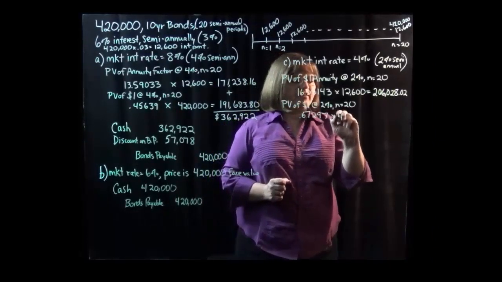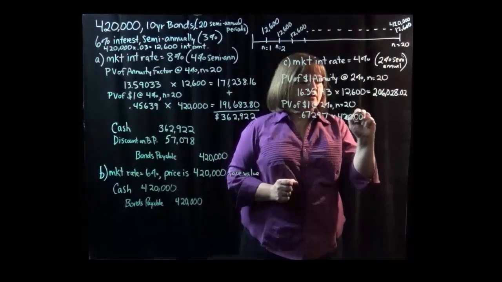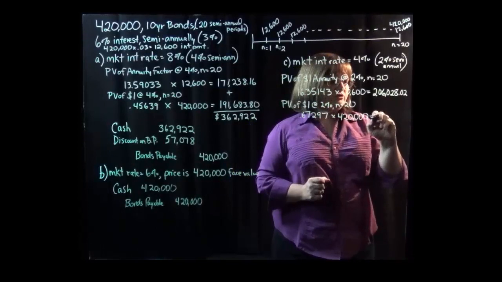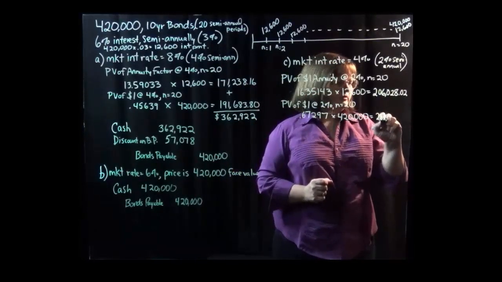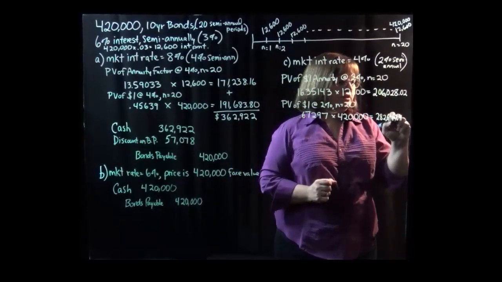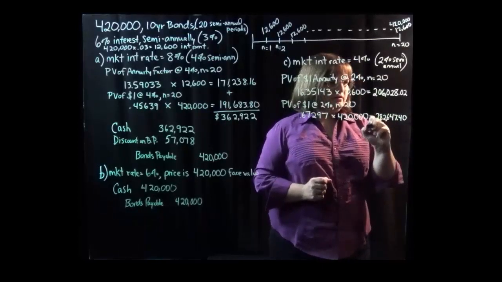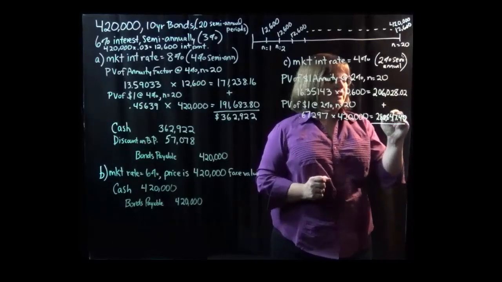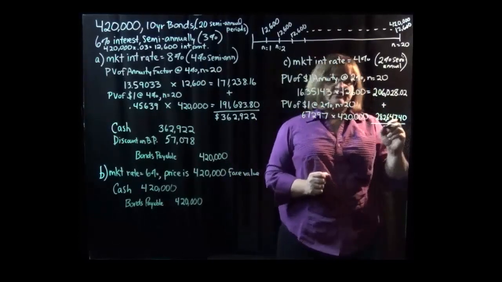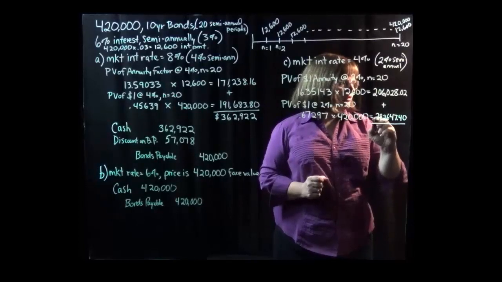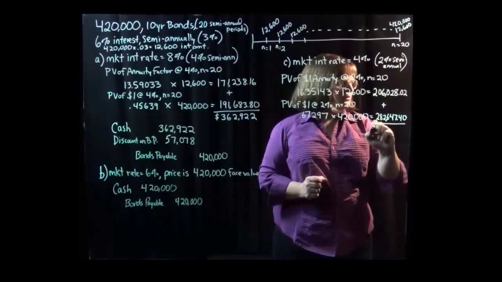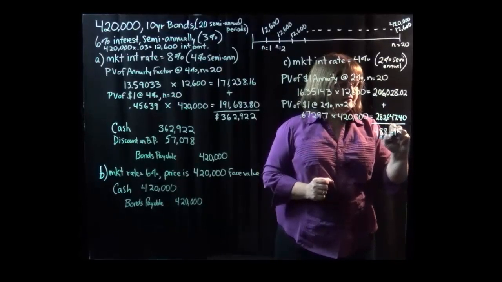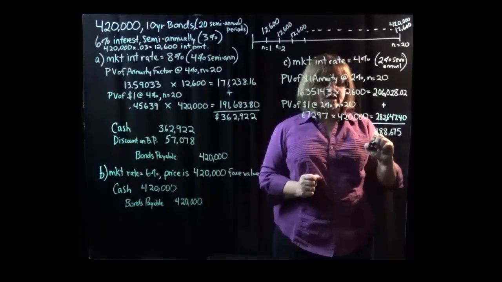We multiply that by the $420,000 principal amount, and that gives us a total of $282,647.40. If we then add the present value of the interest payments to the present value of the principal, we get the present value of the overall bond issuance, and that's going to be $488,675. That's rounded to the nearest dollar.